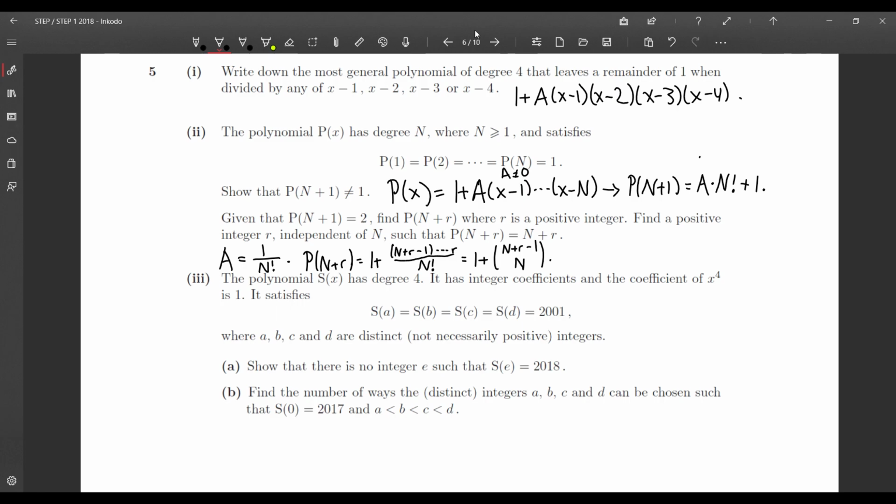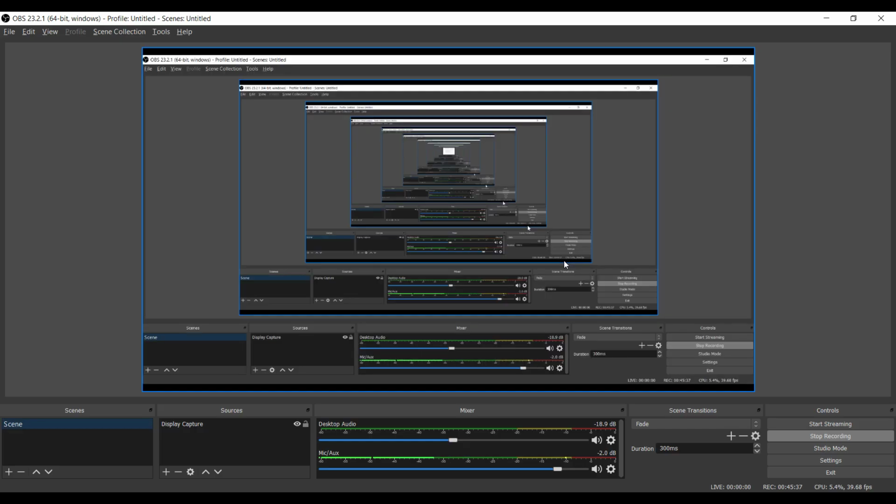And then it says find an integer r independent of n such that p of n plus r is n plus r.